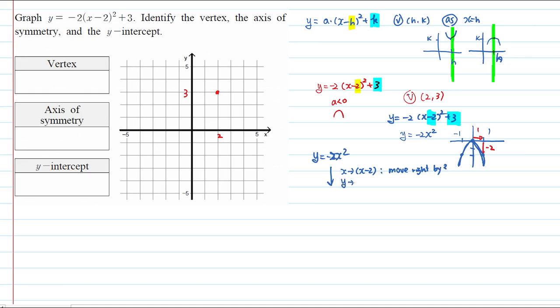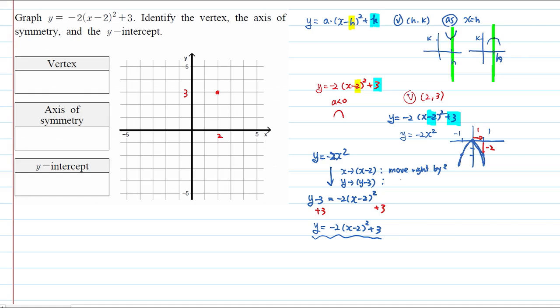Instead of y, now be careful, that's y minus 3. Why am I saying it's y minus 3? Y minus 3 is equal to -2 (x minus 2) squared. Then you're going to add plus 3. So the end result will be, if you solve for y, y equals -2 (x minus 2) squared plus 3. So that's the question that is given to us.